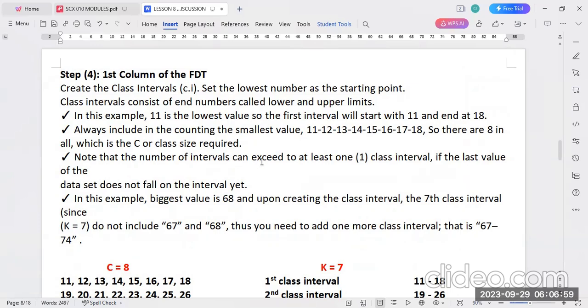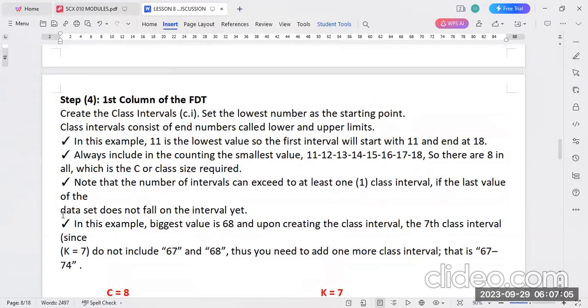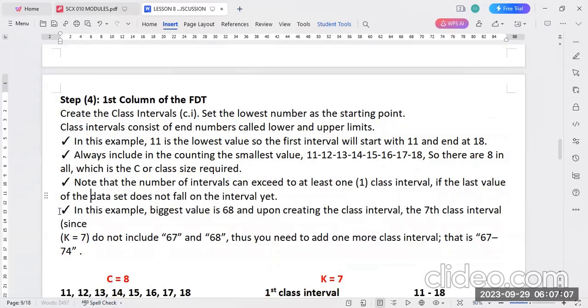So note that the number of intervals can exceed by at least one class interval if the last value of the dataset does not fall on the interval yet. So from the example, okay, the highest value is 68. And yung K is equal to 7, that actually indicates how many class intervals there are in the table.